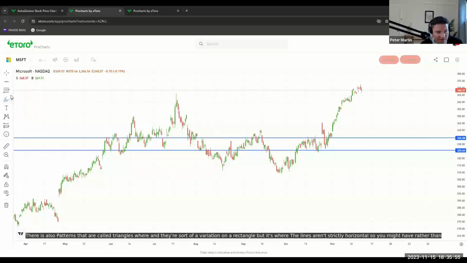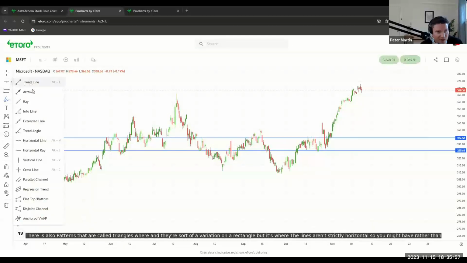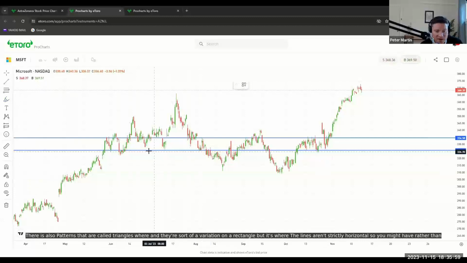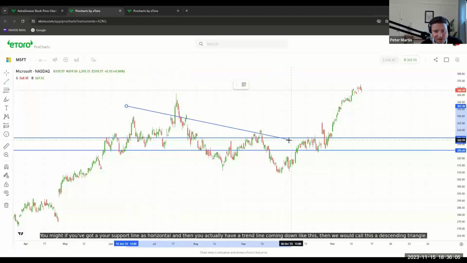So if your support line is horizontal, and then you have a trend line coming down like this, then we would call this a descending triangle.